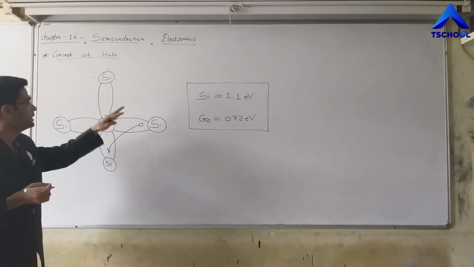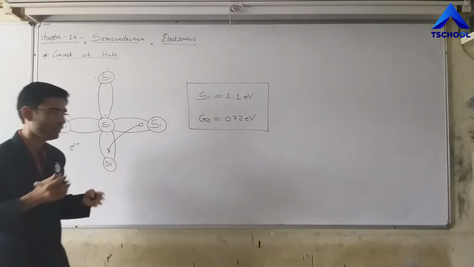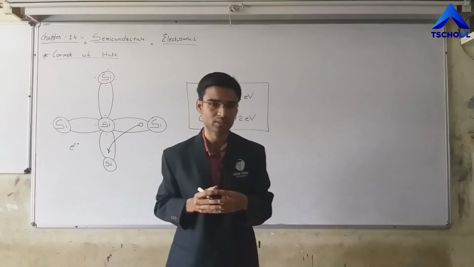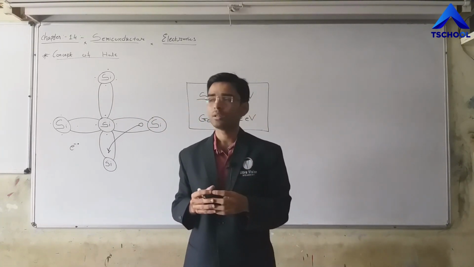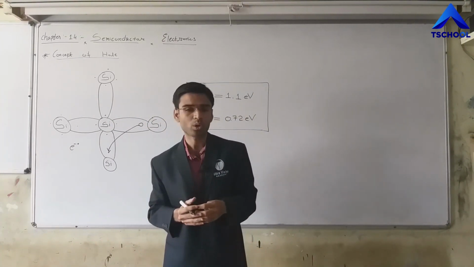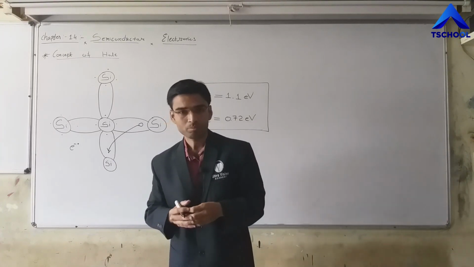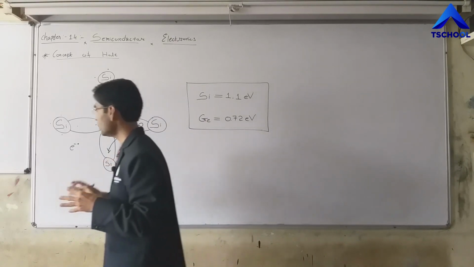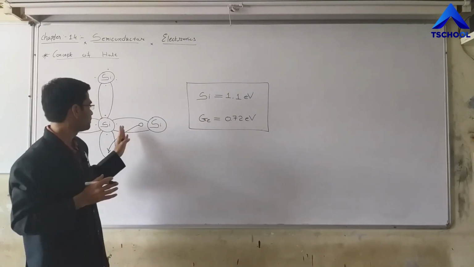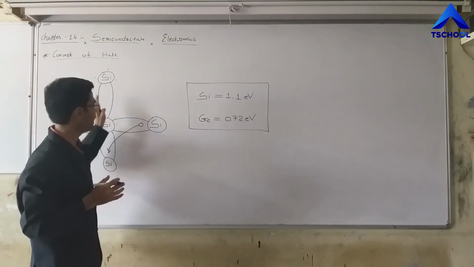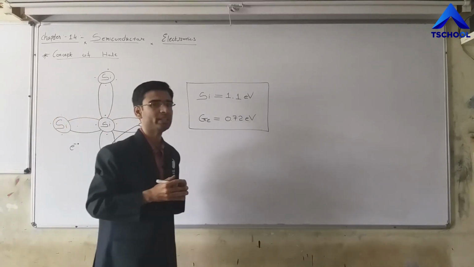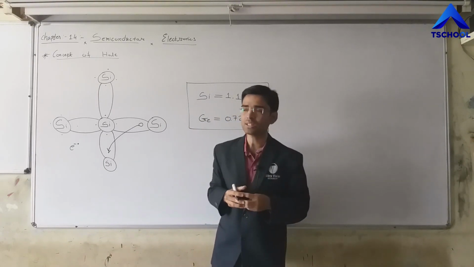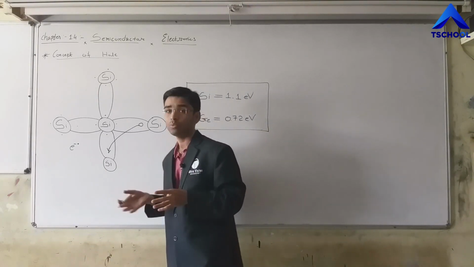In semiconductor electronics, if we somehow control the motion of the charge carriers, then we can build up a number of relations between voltage and current, between potential difference and current. If we apply a potential difference across this crystal, then what happens?